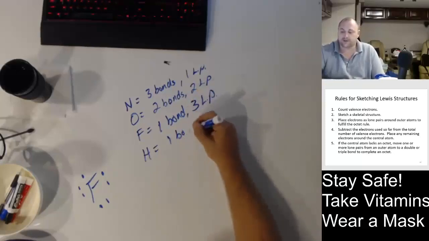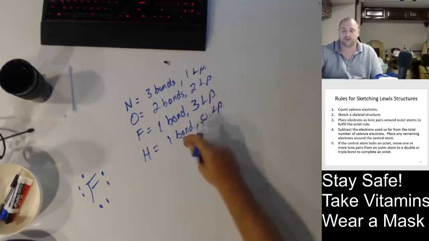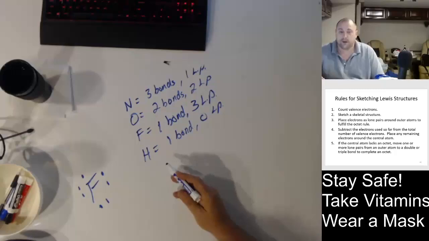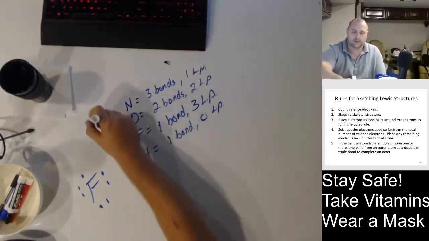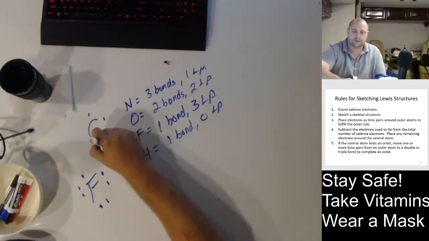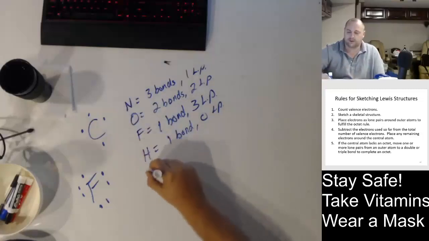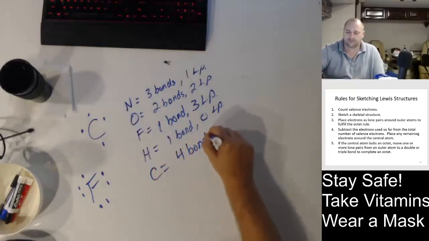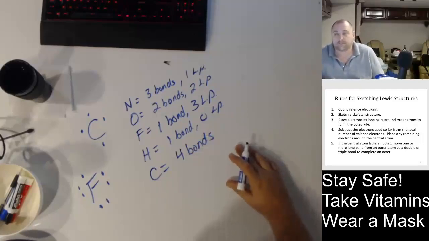There we go. Hydrogen has 1 bond, no lone pairs. 0 lone pairs. It can only hold 2 electrons. 1 bond's got 2 electrons. There we go. All right, so carbon, 1, 2, 3, 4, because it's in group 14, we can see carbon makes 4 bonds. Oh man, no lone pairs on it.